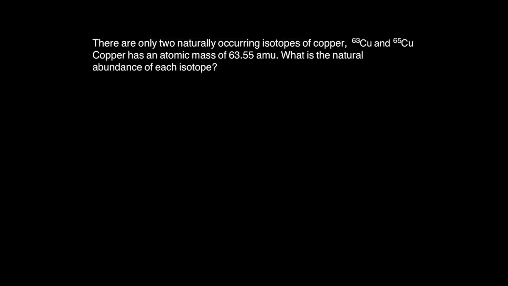So this is very similar to the last question, where we're going to have to use a variable of x. So we take 63.55 AMUs, set that equal to the 63 copper, which we know has 63 as a mass. Multiply it by the abundance, which we don't know.